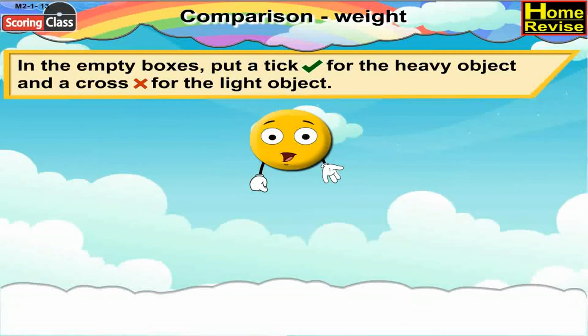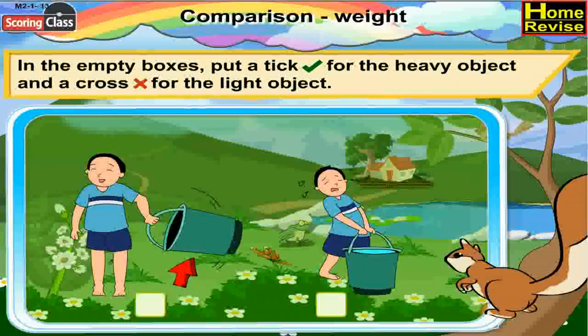In the empty boxes, put a tick for the heavy object and a cross for the light object. In the first picture, the boys are holding buckets. The first boy is swinging bucket in the air, which means the bucket is empty, so it is, you're right, light.